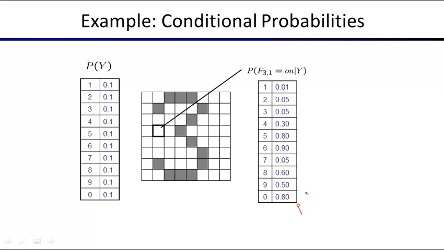So for this particular grid square over here, it's almost never on when the digit is 1. It's almost always on when the digit is 0. Almost always on when the digit is 5, and so forth. So that's what this table is telling us. And we need to build a table like that for each of the grid squares in this image.